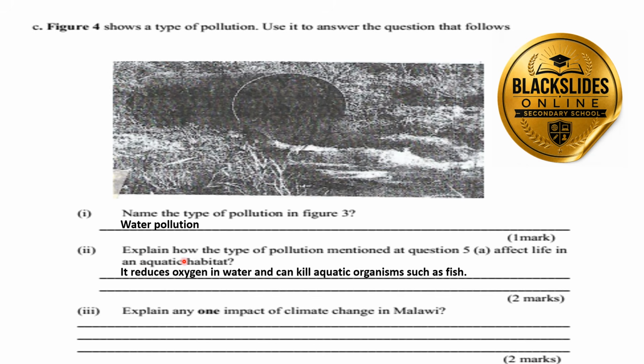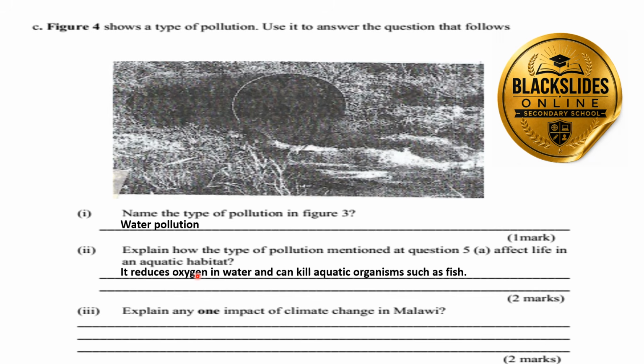But also the oil spill would reduce the solubility of oxygen, making it unavailable to the plants. The oil can also block fish gills, preventing fish from breathing properly. And eventually they will die.